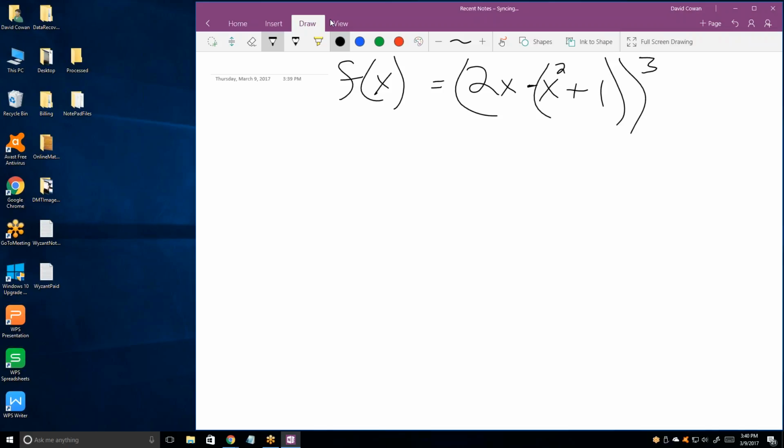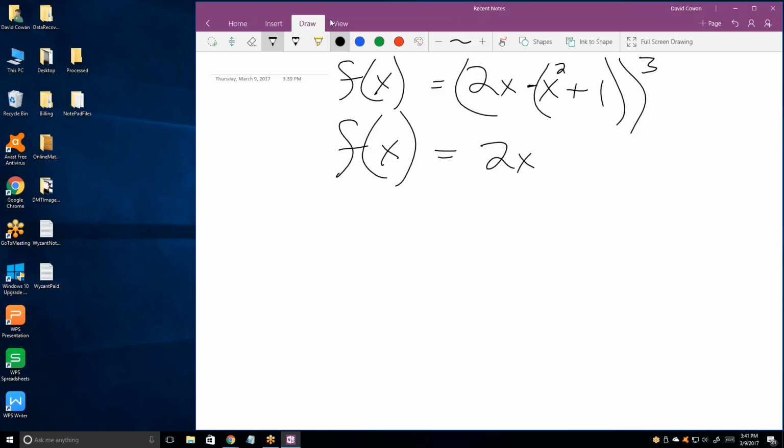So, first of all, we can remove the inside parentheses. What do you get when you remove the inside parentheses? 2x cubed plus... Hold on. Don't apply the exponent yet.